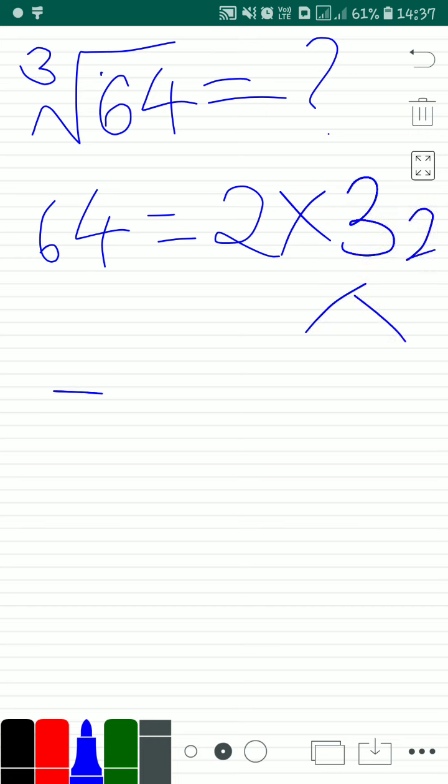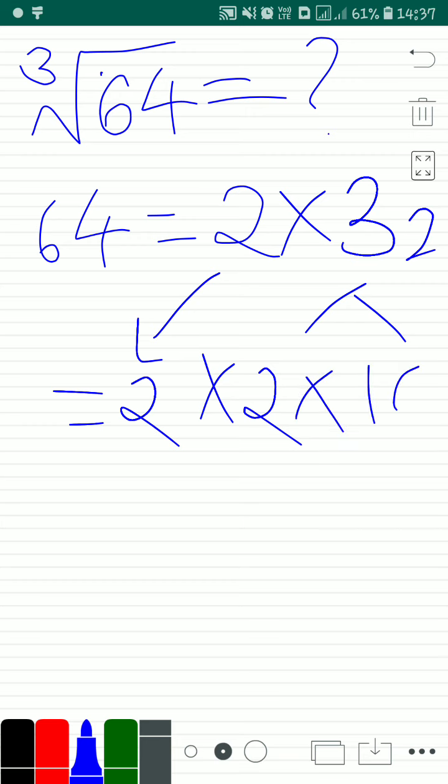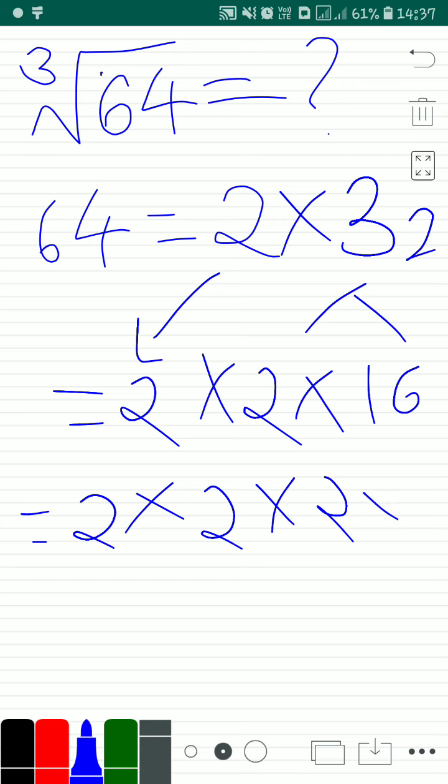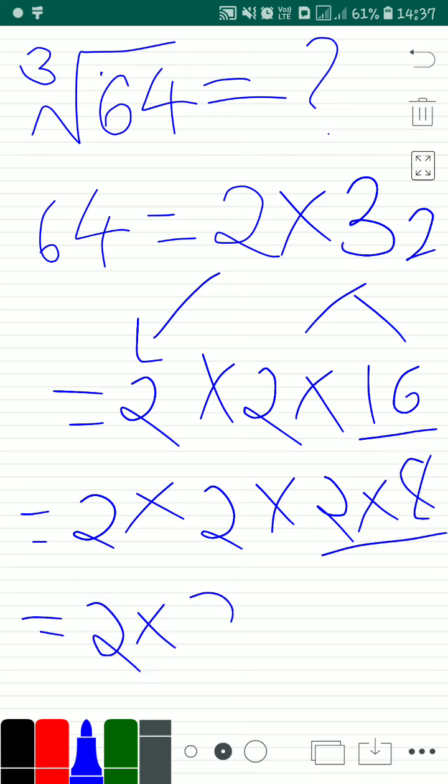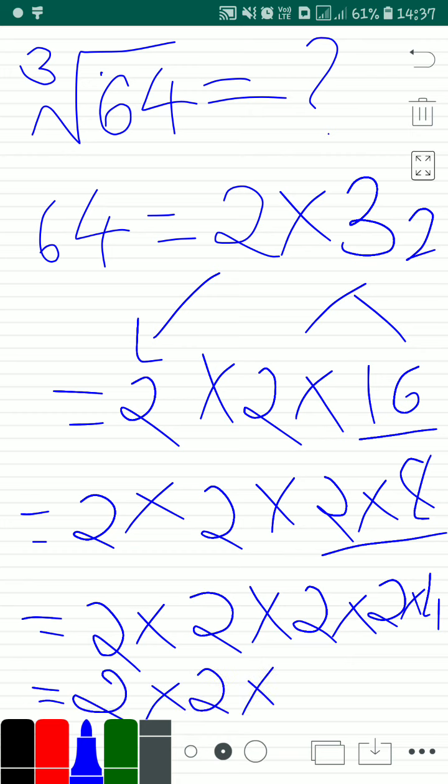Now split 32, so it will give me 2 as it is, into 2 into 16, which is equal to 2 into 2 into 2 into 8, which is giving me 16, which is equal to 2 into 2 into 2 into 2 into 4, which is giving me 8. Next is again 2 into 2 into 2 into 2 into 2 into 2.